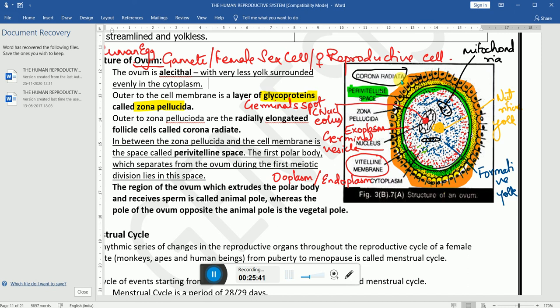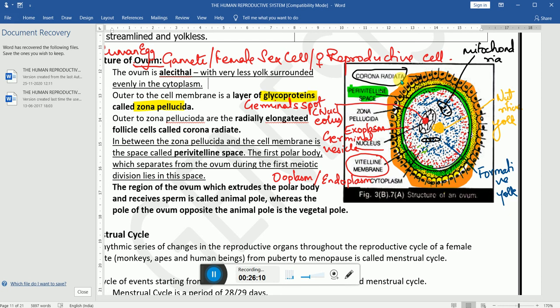The reason is that when the sperms are entering, they have already been carried up to the ovum through so many obstacles. Now when they have reached, it should be the work of this nucleus to give some help to the sperm that is entering.